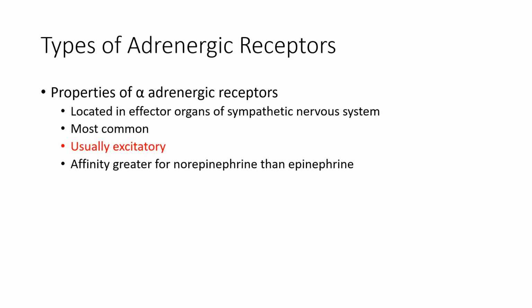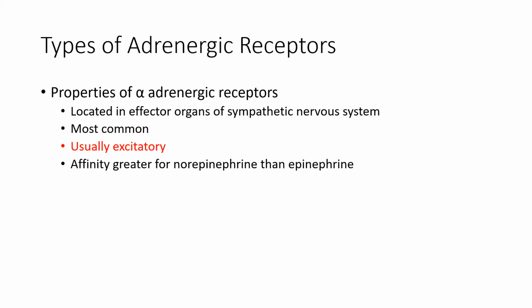They're the most common receptor that we see in the sympathetic division. They're located on most of our organs, the effector organs we talked about. So blood vessels, usually, they're usually excitatory. So we're going to talk about two different types of effects that can be brought about on the effector organ. So we can have an excitatory effect.